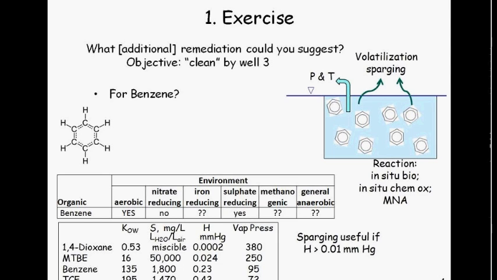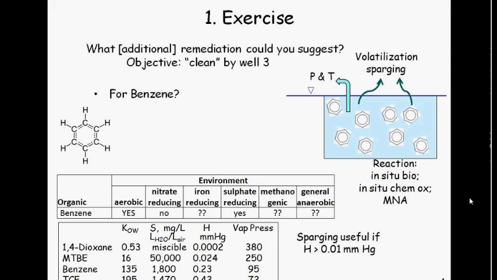So it looks like for benzene, we have the complete toolkit. All of those technologies probably can be applied. So for you, the problem is to figure out for that specific site, for that specific requirement, what is the best, what's the most cost-effective and reliable, et cetera.